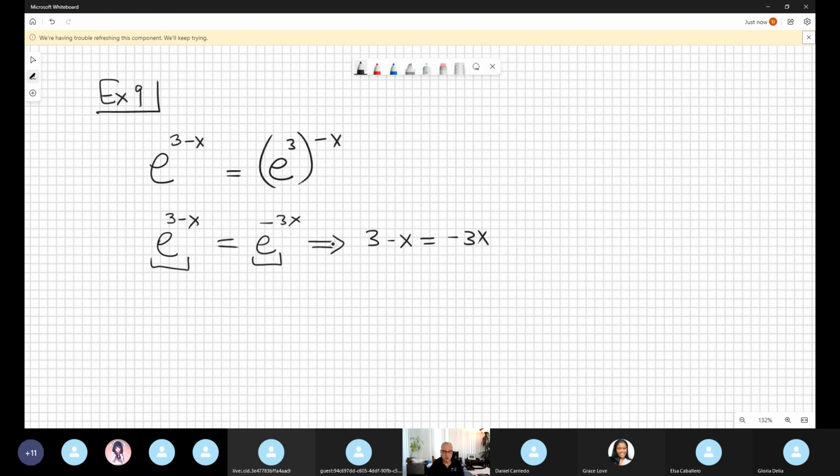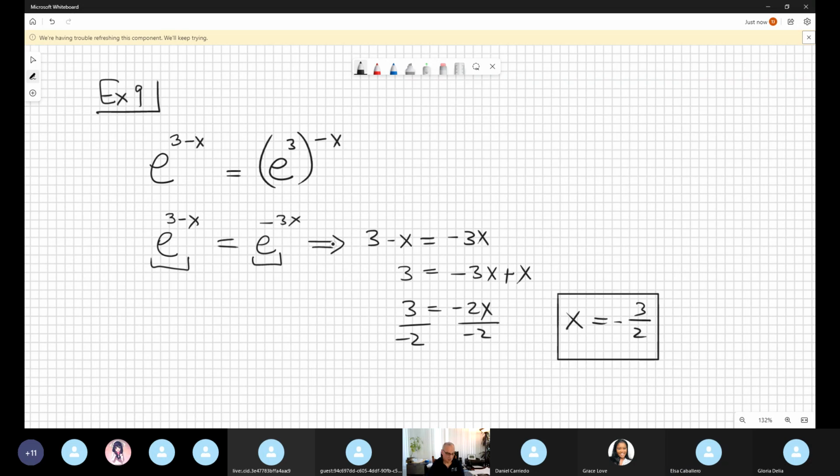Maybe I move minus x to the right. There are many ways to do that. Minus 3x plus x: 3 is equal to minus 2x, divided by negative 2 on both sides. x is equal to minus 3 over 2, that is the answer. Exponential equation. This is easy. Looks easy, right? Yes or no? Yes.